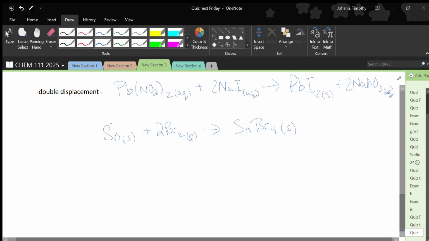Your next reaction to classify is going to be HBr, so hydrobromic acid. We'll talk about what acids are later. We'll have plenty of acids to talk about. Plus, oh, tin again. Tin solid goes to make tin bromide plus hydrogen gas.